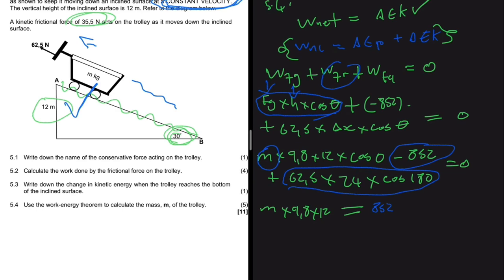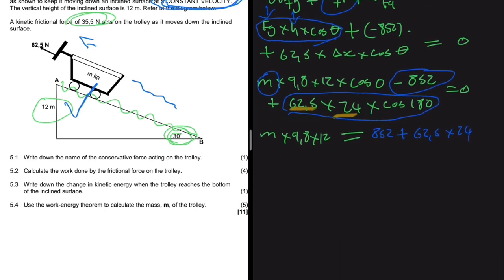So when I take 62.5 multiplied by 24 to the right hand side, it will be positive, because cos of 180 is minus. Now we're taking it to the other side, it will be positive, right? So here we're going to have plus 62.5 multiplied by 24. So now it should be easy to see.